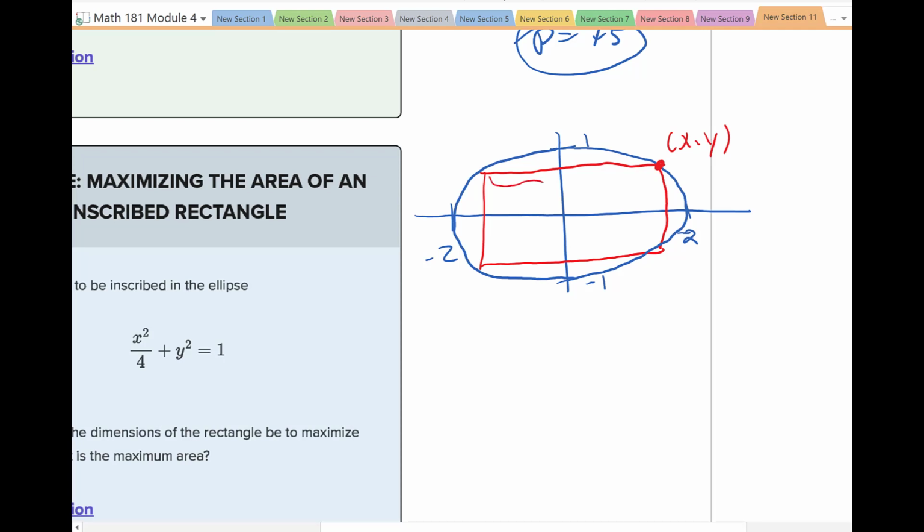So if we call this part length, this part width, length equals 2x and width equals 2y. So area is length times width. So that's going to be 2x times 2y, or 4xy.